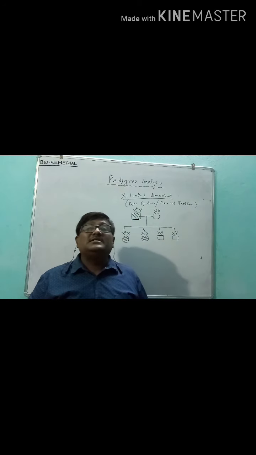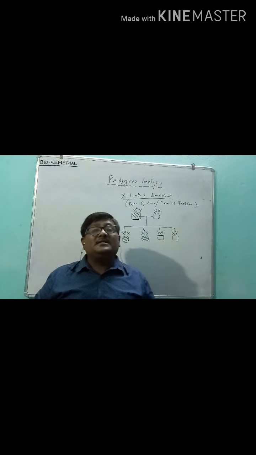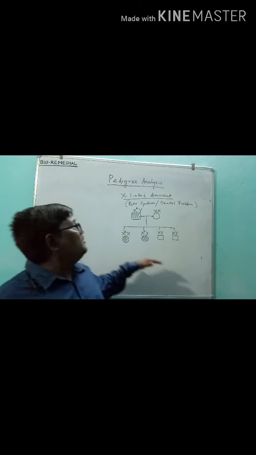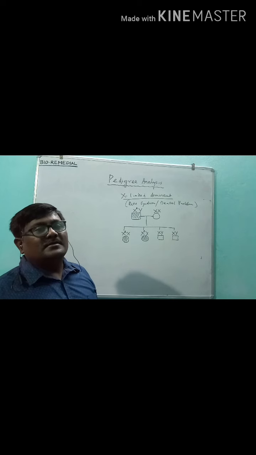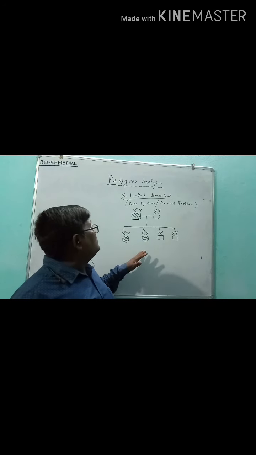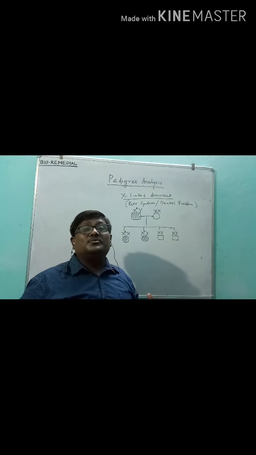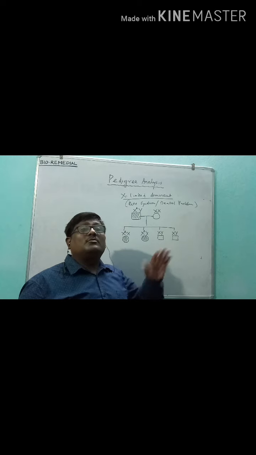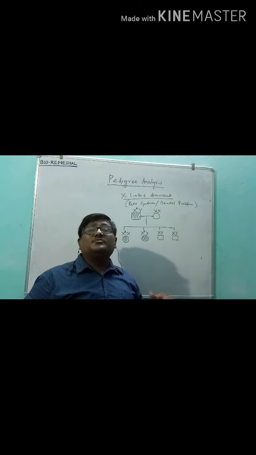When the X chromosome is defective and the defect gene is dominant, all daughters will be affected. In X-linked dominant, the father always contributes the X chromosome to the daughter only. The father's Y chromosome does not contribute to the daughter.